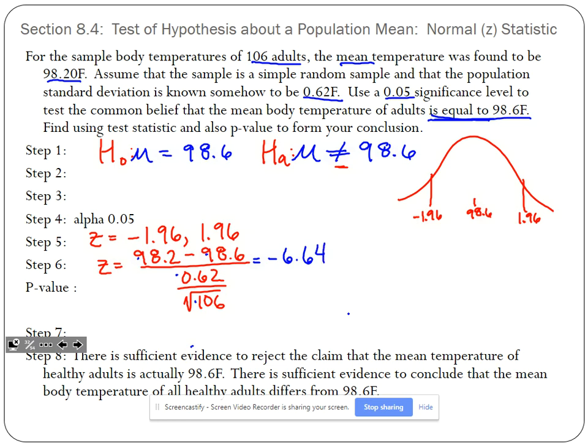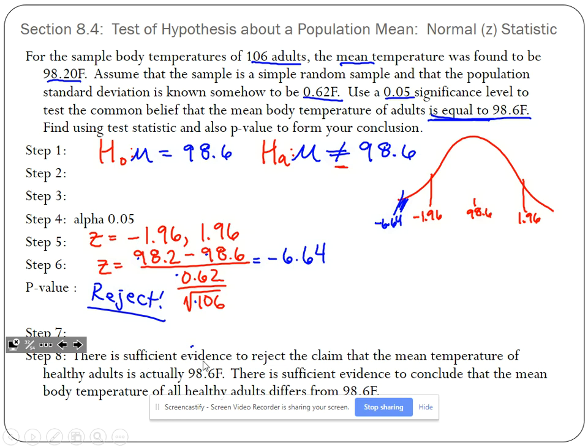Now, negative 6.64 happens somewhere in here in the rejection region. So our conclusion here is going to be to reject. And so what I did is wrote our conclusion, and I've given you some ideas on how to do that.